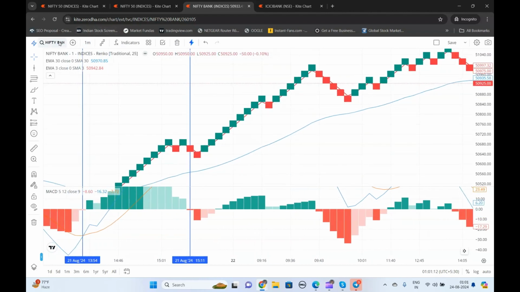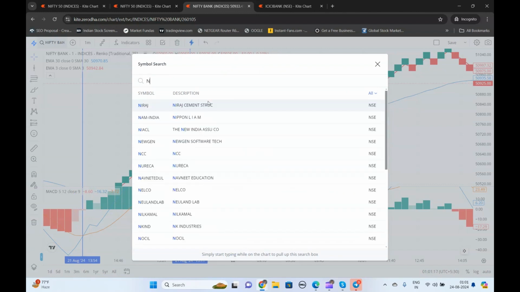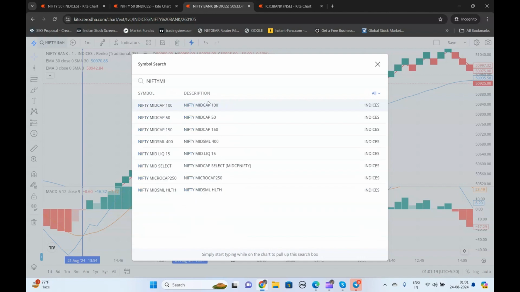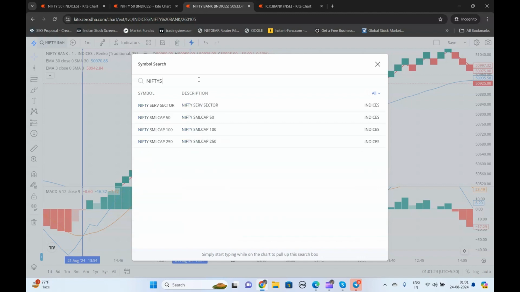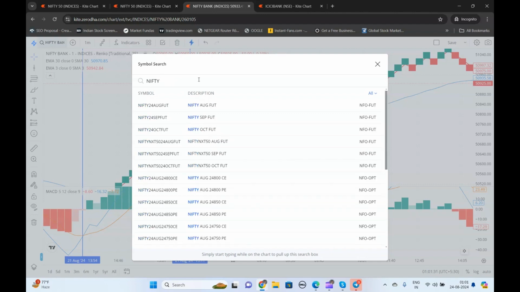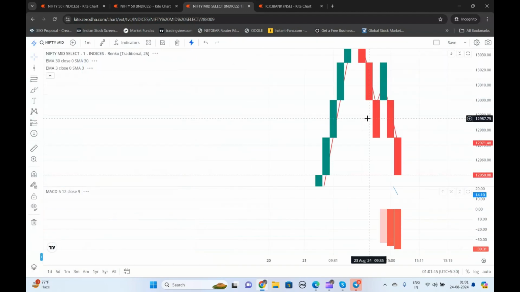Another strategy I'll tell you. Let's go with the mid cap Nifty. Nifty Select, they call it, I think. Nifty MC, sorry. Yeah, it's here.